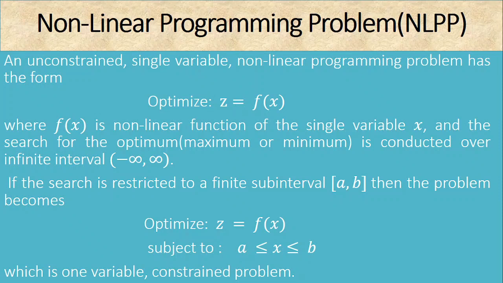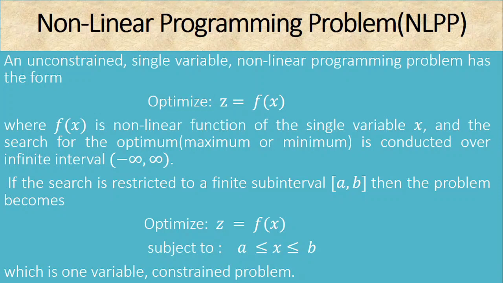So a nonlinear programming problem can be of the unconstrained type or the constrained type. An unconstrained single variable nonlinear programming problem has the form: optimize z is equal to f of x, where f of x is a nonlinear function of the single variable x. And the search for the optimum value of x is conducted over the entire interval minus infinity to infinity.